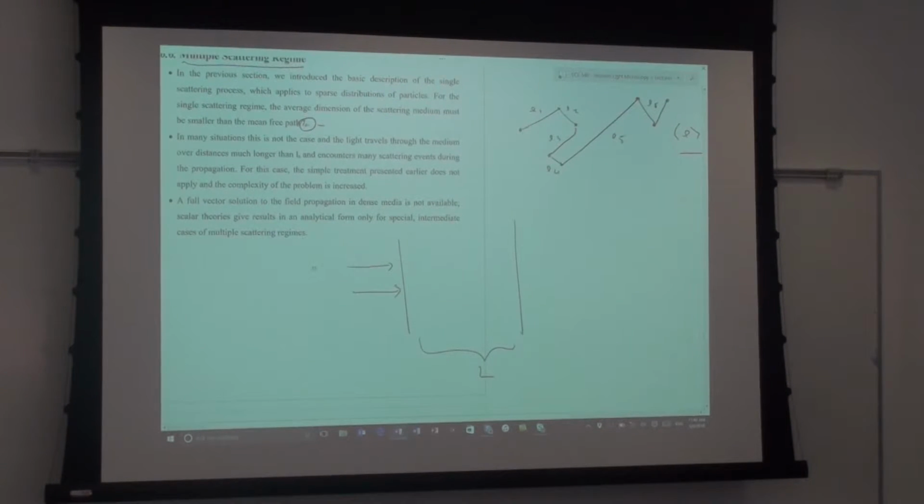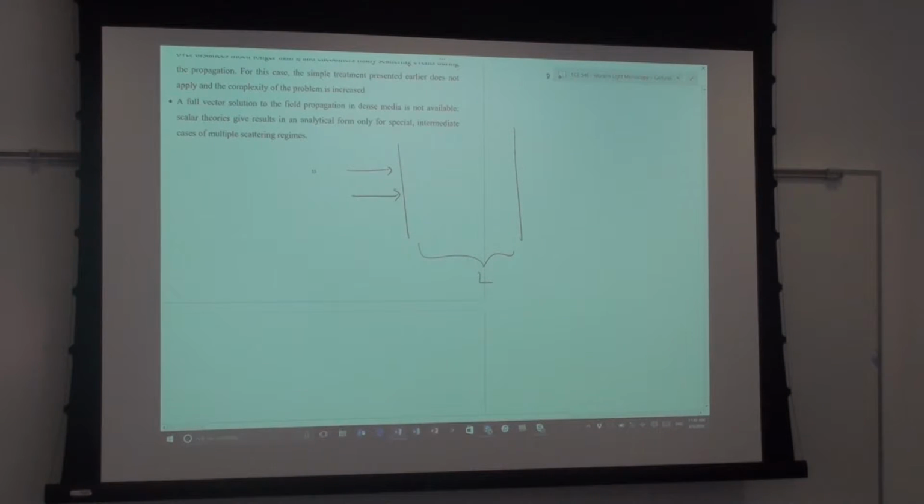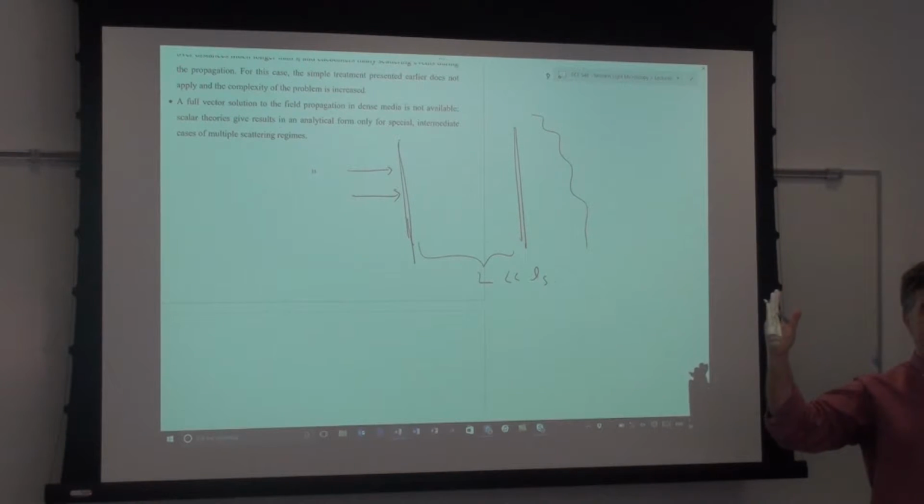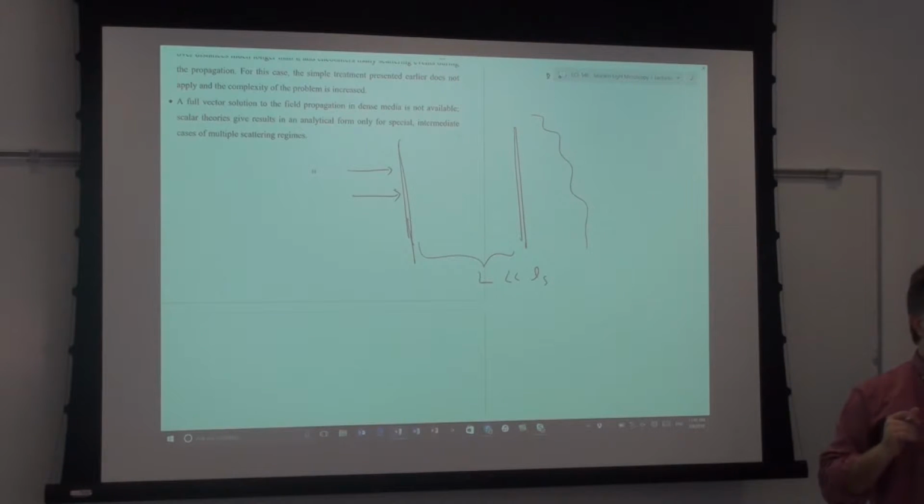So now I'm looking at the light coming out of this slice of tissue. If the thickness L is much smaller than L_s, what does that mean? My thickness is smaller than the average distance between two scattering events. What does that mean?